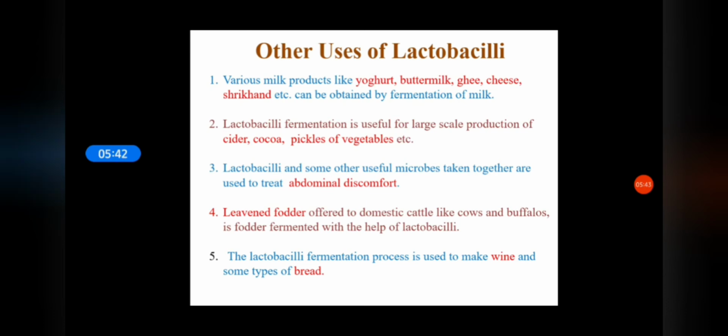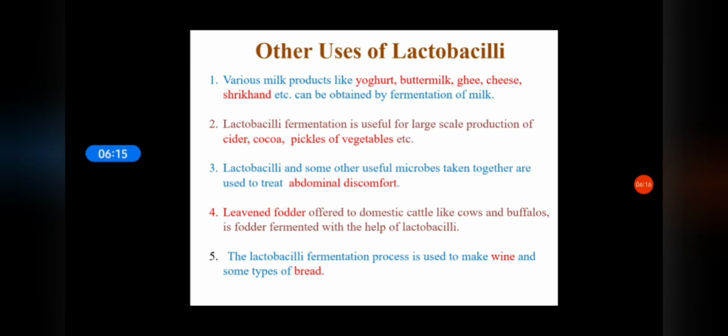Now we'll look at the other uses of lactobacilli. Rather than yogurt, other milk products like buttermilk, ghee, cheese, shrikhand, etc. can be obtained by the fermentation of milk using lactobacilli. Lactobacilli fermentation is useful for the large scale production of cider, cocoa, pickles of vegetables, etc. Cider means an alcoholic drink made from fermented apple juice.